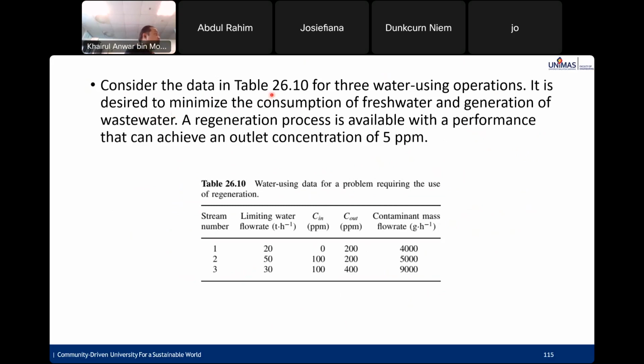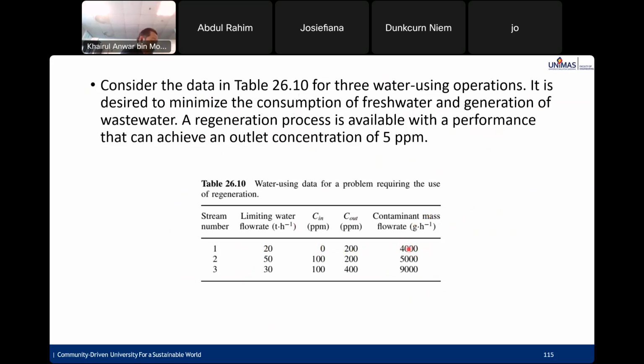Consider the data in table 26.10. For 3 water-using operations, it is desired to minimize the consumption of fresh water and generation of wastewater. A regeneration process is available with a performance that can achieve an output concentration of 5 ppm. So the first stream goes from 0 to 200 ppm with a mass flow rate of 4,000.